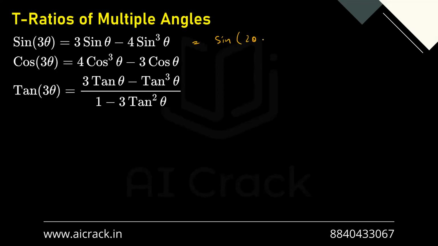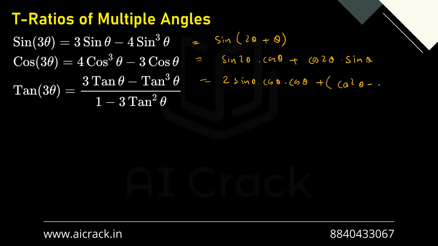So it becomes sine of 2 theta plus theta. So we have sine A cos B plus cos A sine B. Now again, we'll be using 2 sine theta dot cos theta plus cos square theta minus sine square theta. Or we'll use 1 minus 2 sine square theta over here because everything is in sine format.